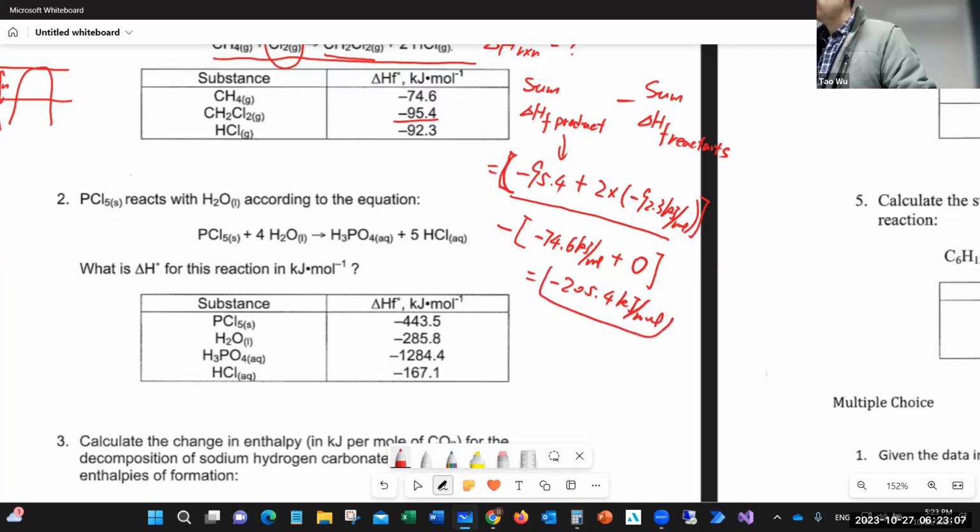That's going to be the enthalpy of the reaction.